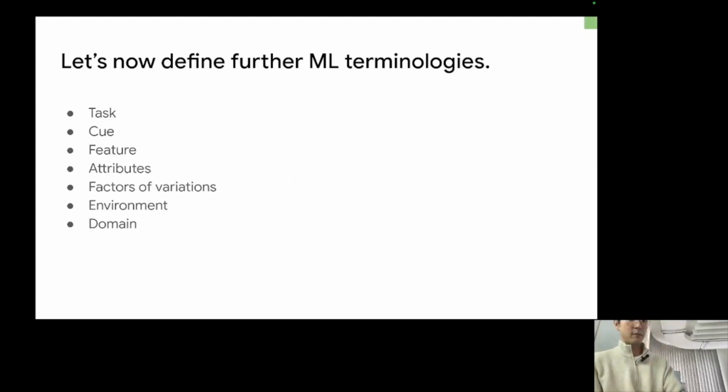So let me go over a few terminologies as well, because it's not a very well-founded study. It's not like physics. People come up with their own definitions of terminologies, and there's no standardization of the terms. People talk a lot about tasks, cues, labels, features, attributes, factors of variations, environment, domain, which are more or less similar, and also biases, spurious correlations.